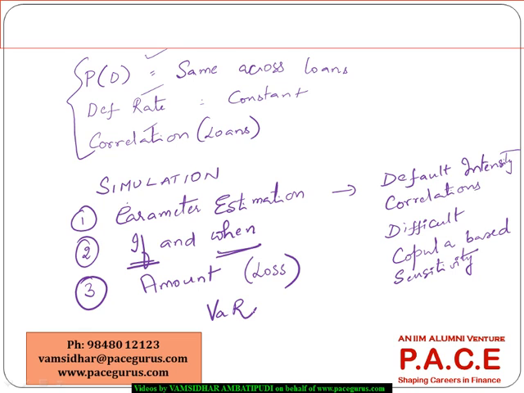Now, another comparison that we are going to primarily look at is, we will look at two important parameters. One is the probability of default. If it increases or decreases, what could be the impact on the senior tranche, the mezzanine tranche, and the equity tranche?